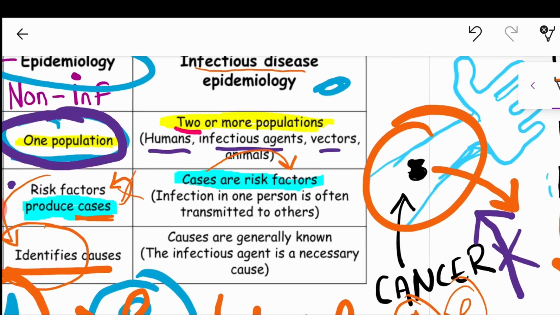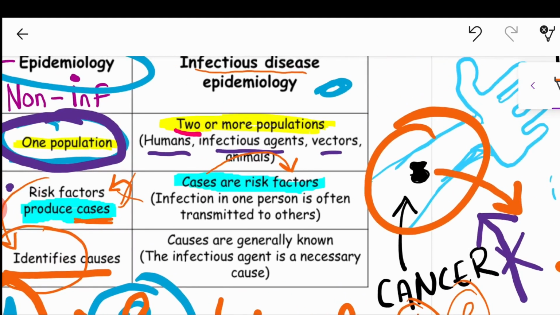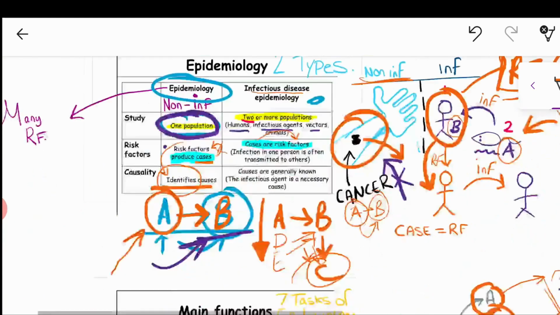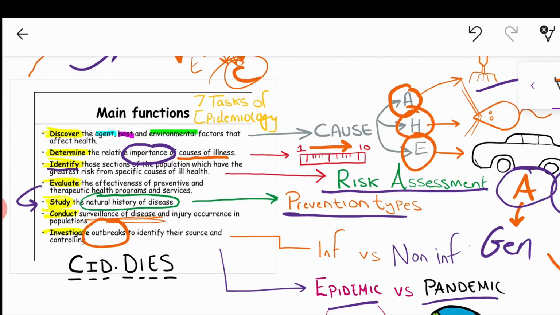One of the reasons could be that we have multiple populations, and of which they produce their own risk factors. Now, as we'll see here, we'll look into this a little bit more.